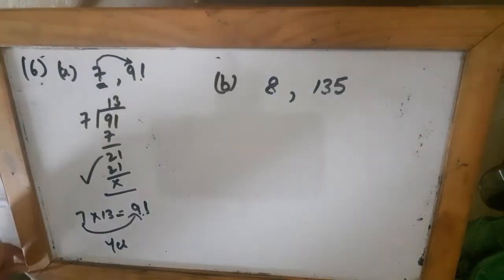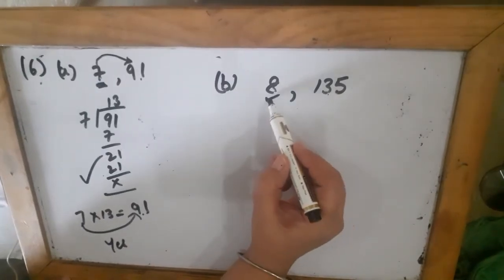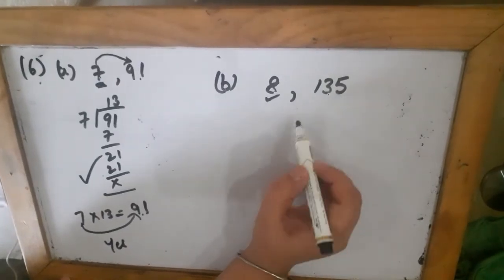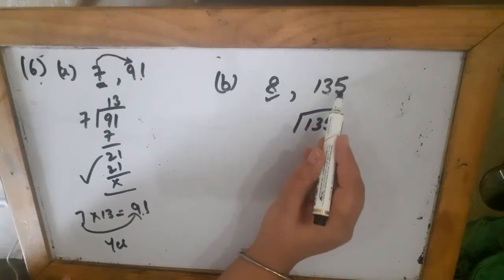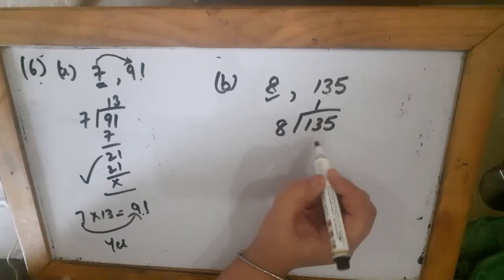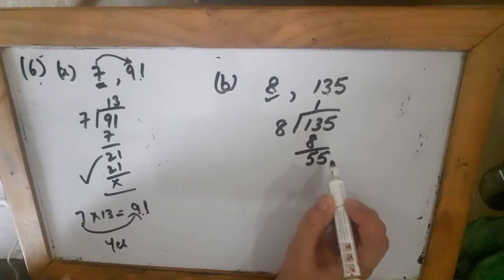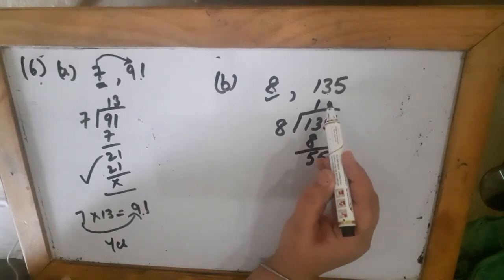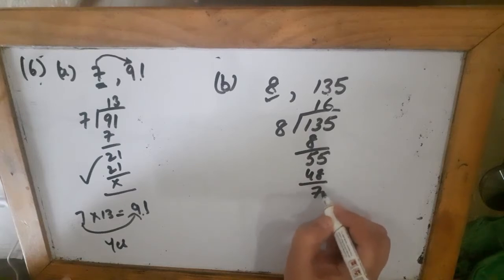The B part of this says, is 8 a factor of 135? Is the first number, 8, a factor of the second number, 135? What it means is I have to find whether 8 can divide this 135 exactly or not. 8 ones are 8, and you are left with 5, 55. 8 sixes are 48, and you are left with 7.